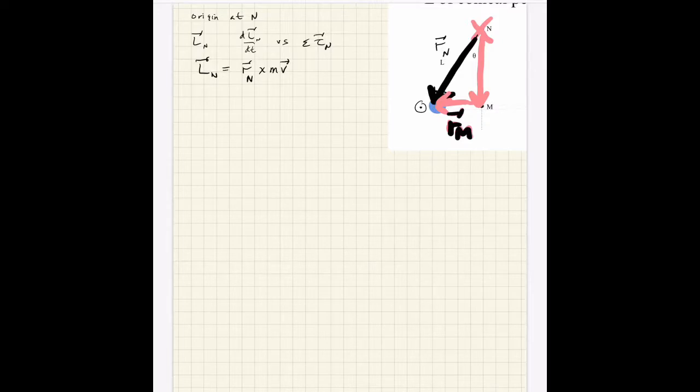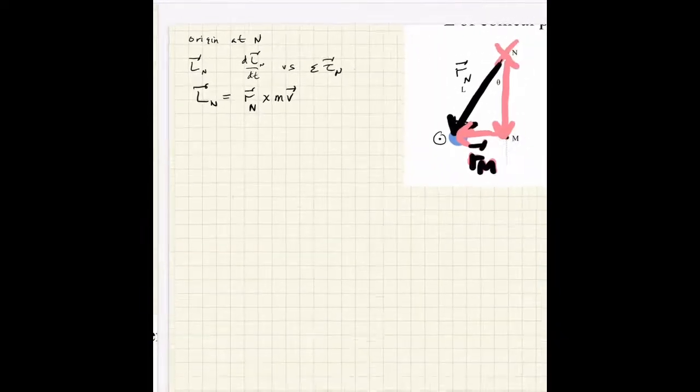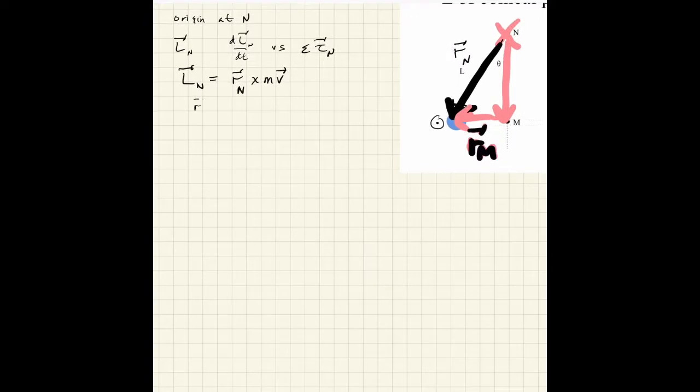So just looking at R sub n and writing it out to get ready for solving this problem, my R sub n can be written as R sub m plus this component, which is actually going to be in the minus y hat direction because this is positive y hat via the problem. And since this magnitude is L, this is just going to be L cosine theta.